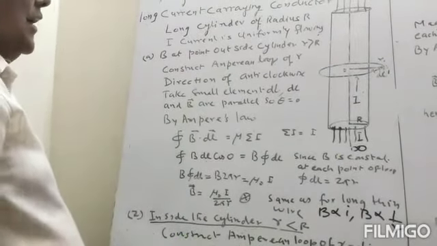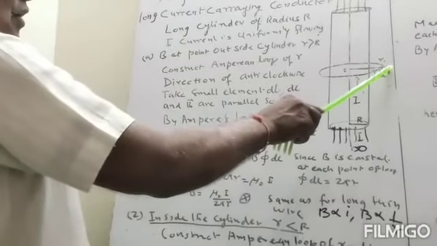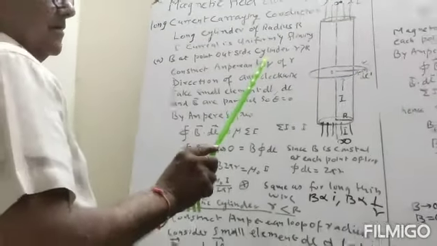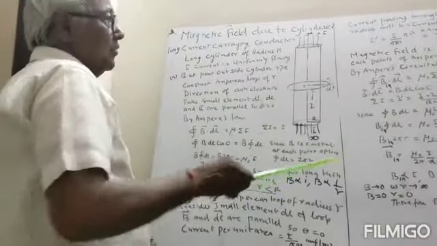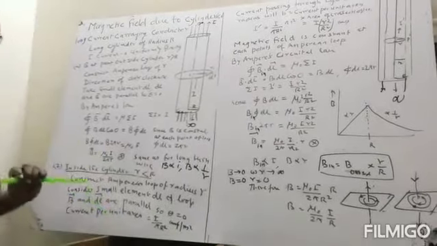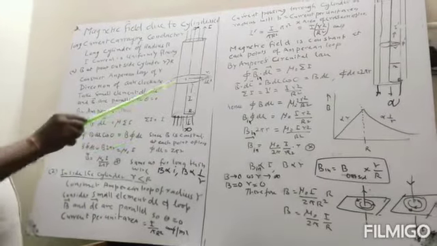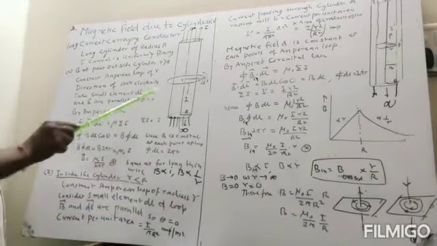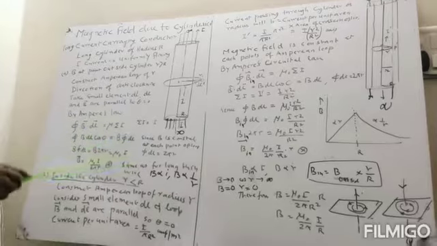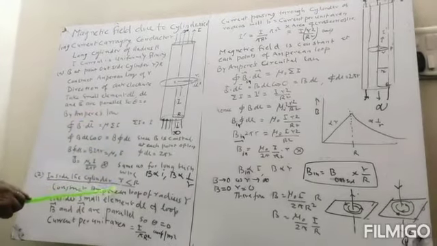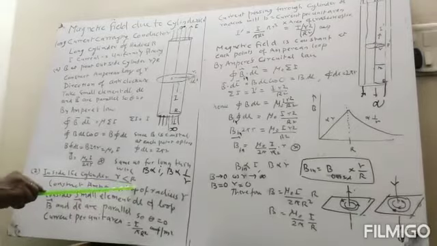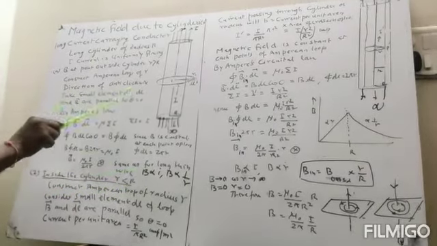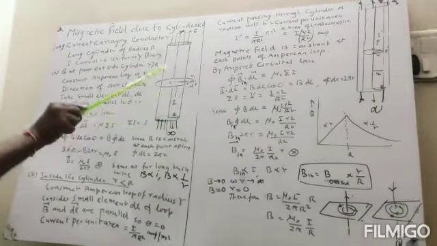Now the second case is if the point P is inside the conductor. Suppose this is the same cylinder whose radius is capital R. Now in the second case we consider that the point where we want to find the magnetic field is inside the cylinder, which means the distance of this point P from the center is small r, and small r is less than capital R. In the earlier case, small r was greater than capital R, meaning that the point was outside.